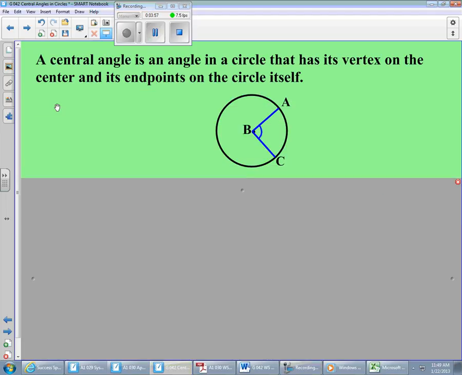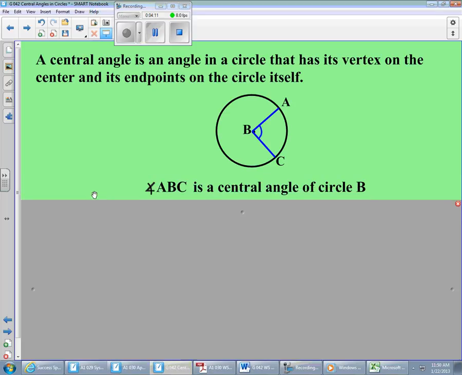Okay. So here is what a central angle might look like inside of a circle. And if you want a statement to go along with that, then you would simply say angle ABC is a central angle of circle B.